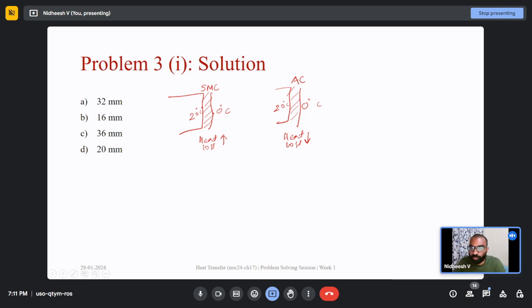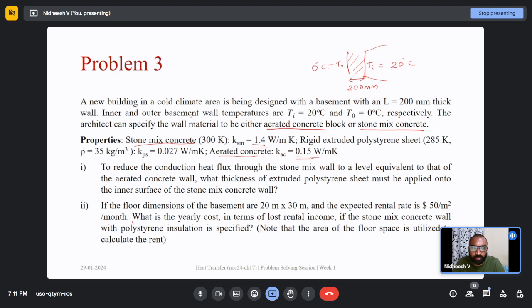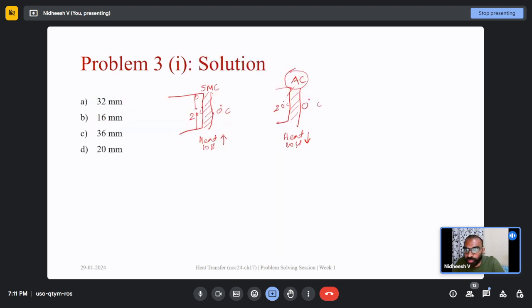Yes, sir. Now our purpose is, we have already built a house with this stone mix concrete. So we know that our heat loss is high, but we want to bring down this heat loss to the level of aerated concrete material. Okay, we want to minimize the heat loss. For that purpose, we are going to add another material, that is the polystyrene sheet.